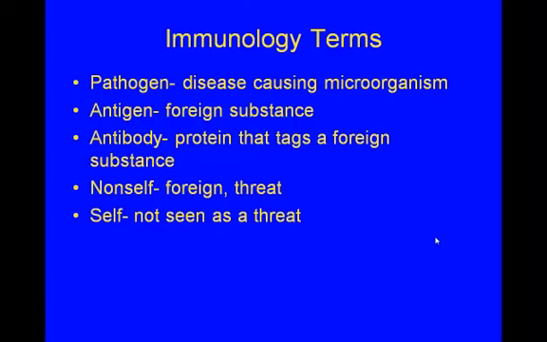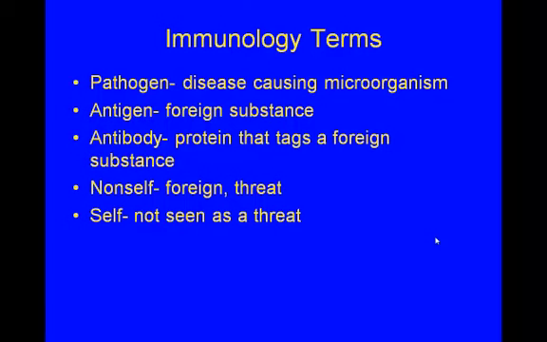Your body does think that's a threat, and then we'll try to kill it. But we're going to talk more about those later. So self-antigen means it's one of your own cells, your own protein, you're good to go. Non-self means it didn't come from your body. It could be a virus, a bacteria, could be a transplant. Doesn't have to be a bad bacteria or virus, but either way, it didn't come from your body.